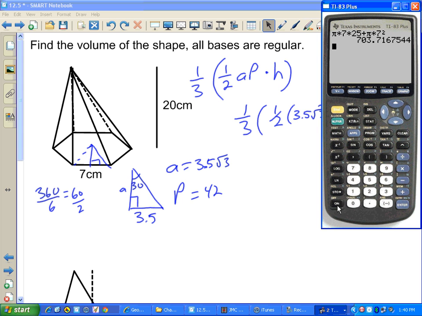I'll just bring up the calculator to do this. So I'm going to take 1/3 of 1/2 times apothem times perimeter.